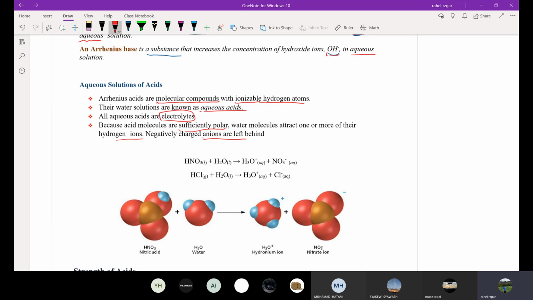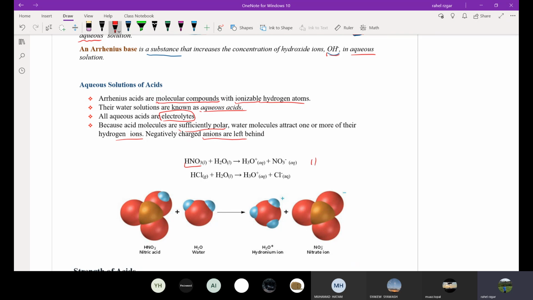Negatively charged ion. For example, every Arrhenius acid is like this. This is the acid, it reacts with H2O, becomes H3O and a negative ion. HCl reacts with H2O, becomes H3O and Cl negative.